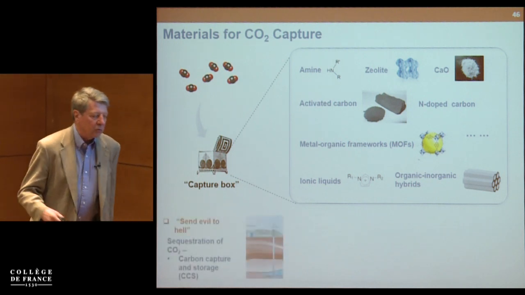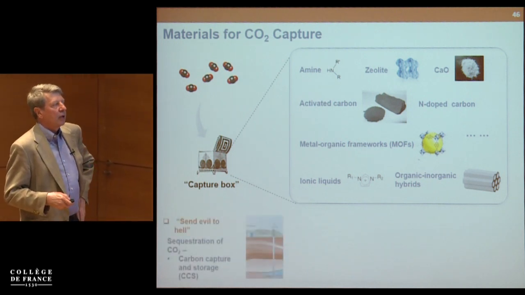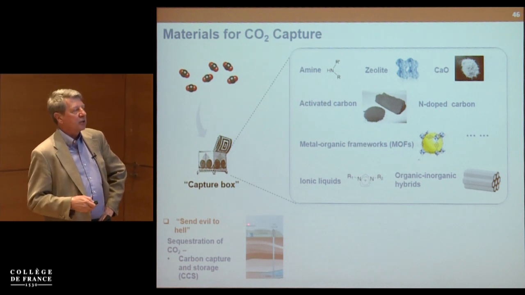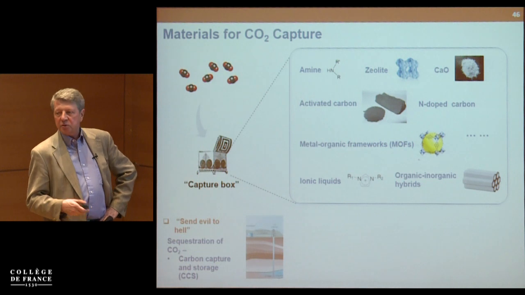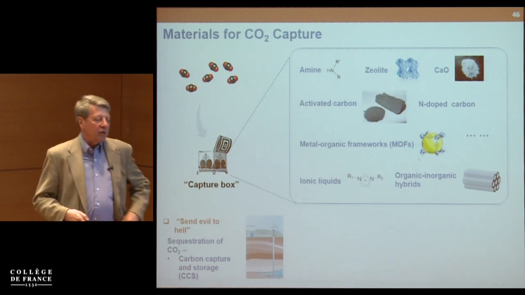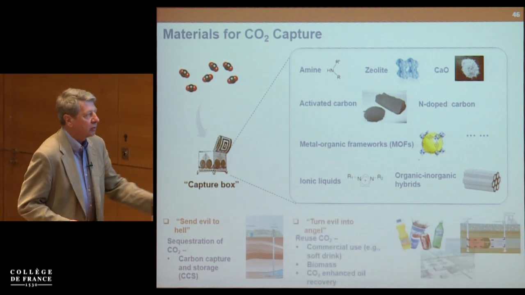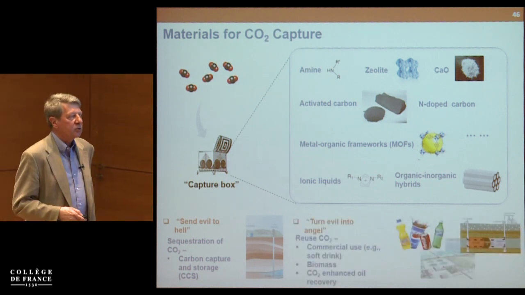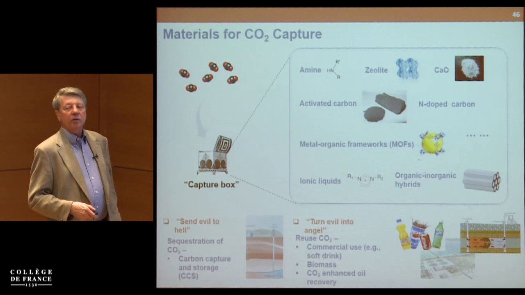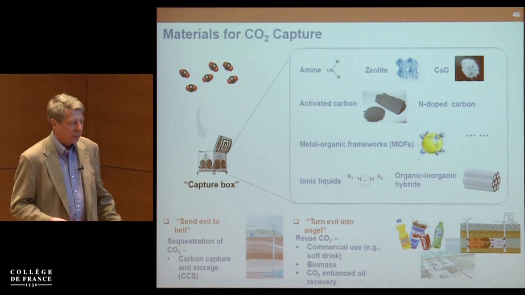So there are two approaches how one can do that. One, this evil, which we essentially produce, we can send it to hell, which means underground, and this can be a capture process. And the other one, we can turn it into an angel, potentially reuse the CO2 and make some biomass, enhance oil recovery, and some others.